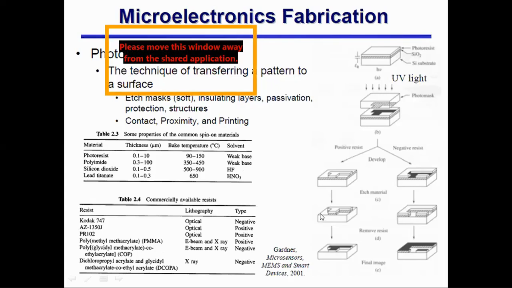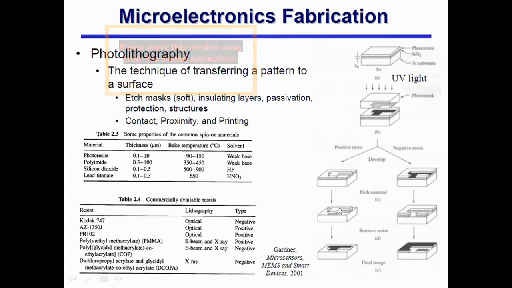However, on the other hand, it would eat or etch the silicon dioxide. So the same feature which we have transferred from the photo mask onto the substrate with the help of the photoresist, the same feature now we have here on the silicon dioxide layer.